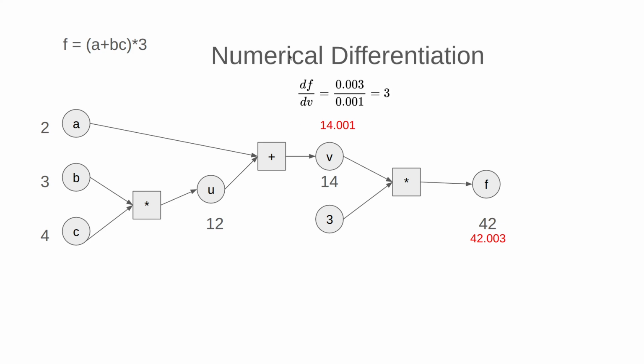The differentiation df over dv, the gradient of f against v, will be 3. Okay, so we can do the same thing for any variable in the computational graph.